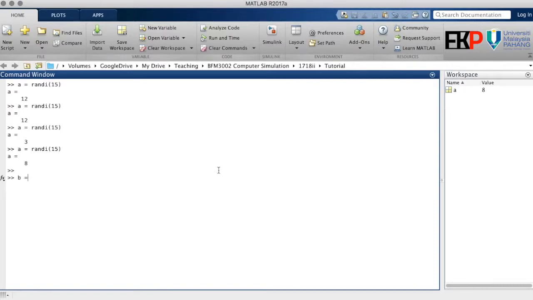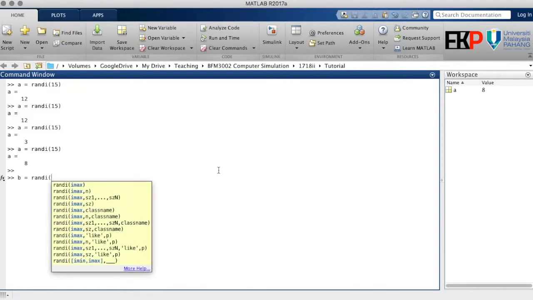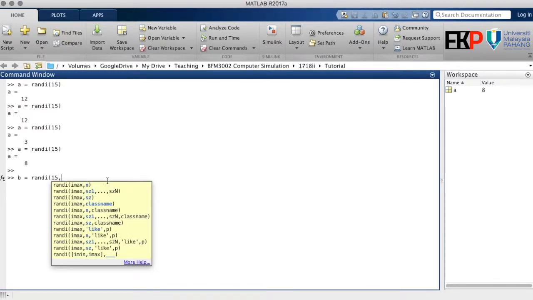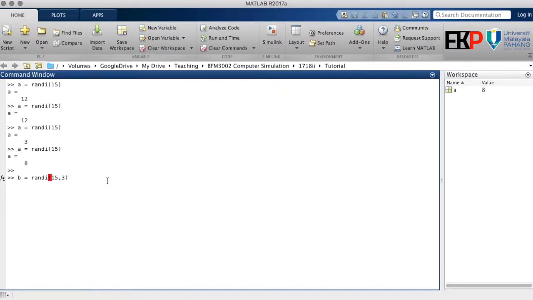We can also produce an array using the randi command. For example, the command should be typed in as 15, the imax. Imax means this is the maximum number of the random integer, comma, rows, comma, columns.